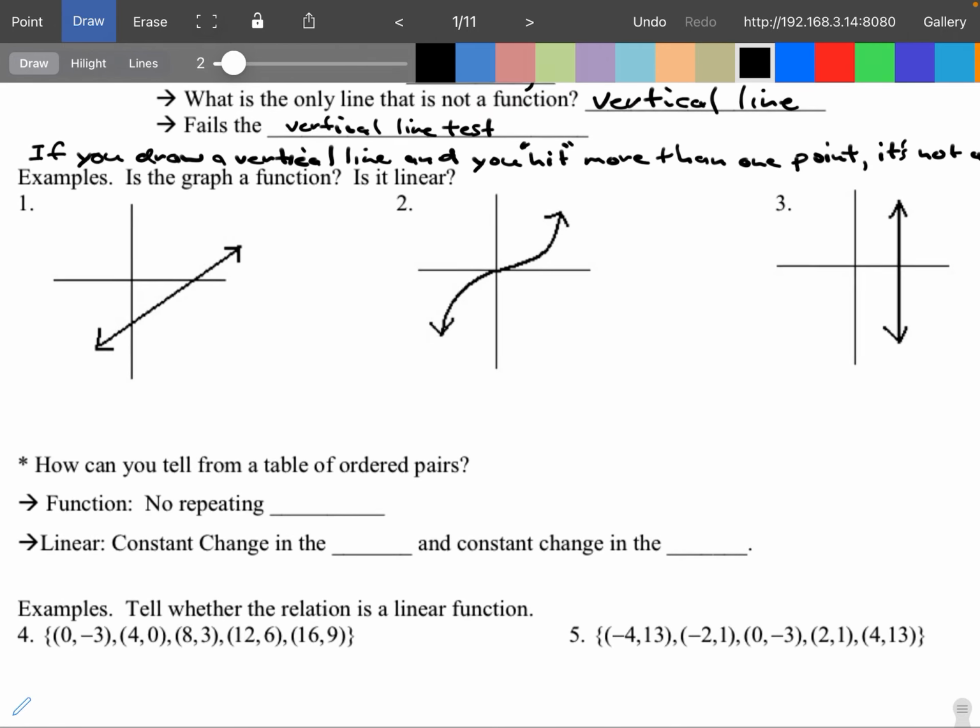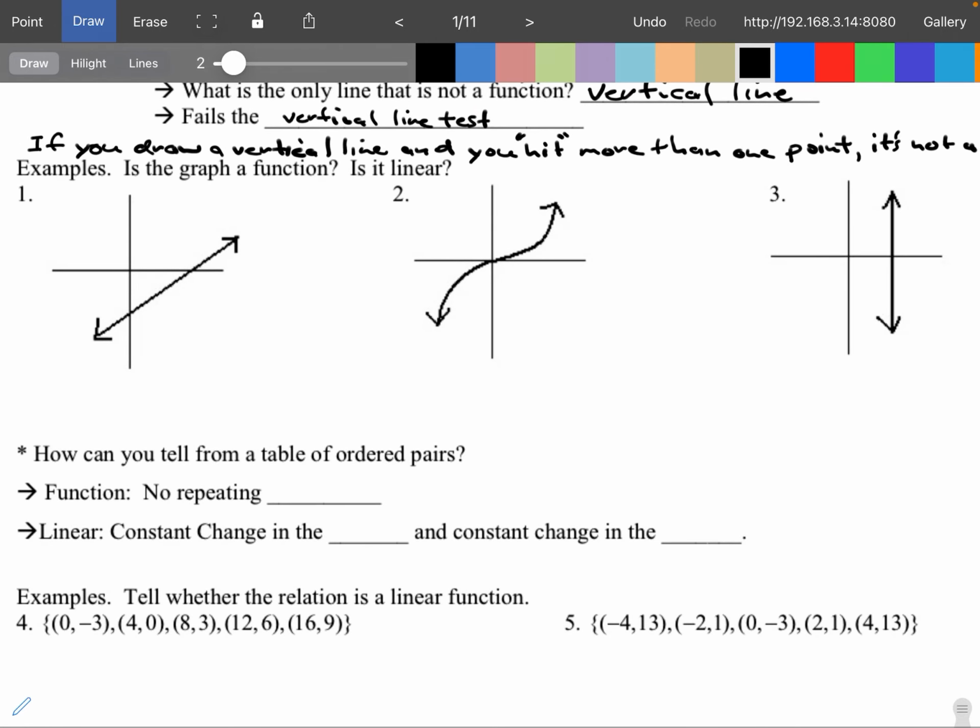It's pretty small. It says if you draw a vertical line and you hit more than one point, then it's not a function.